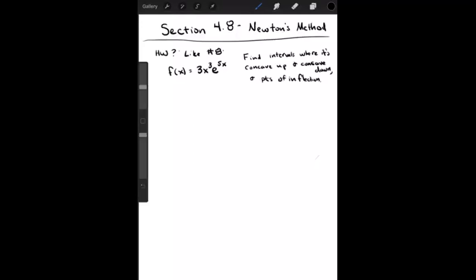We did not talk about that in the sections when we were finding intervals of anything. And they're not particularly related to critical points, other than the fact that the derivative gives you the tangent line. Also, if we were looking for the tangent line, then the derivative would be what we'd need to find.